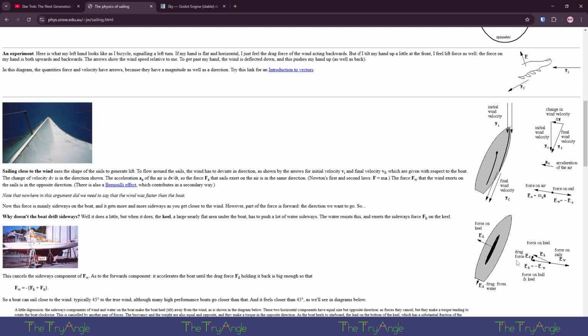Force in the sails. Drag force. Drag from the water. You know, we might have to just apply some forces. This might be the only way to really get it to work.